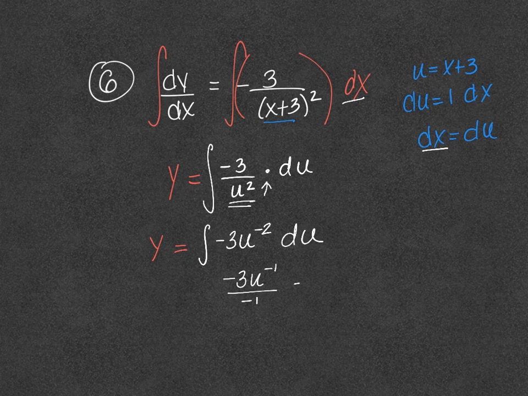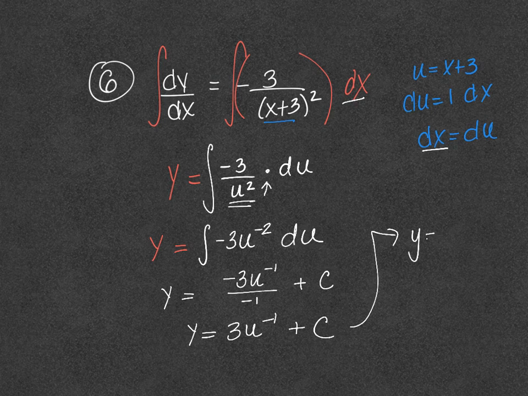Divide by that number, and then plus c. To simplify a little bit, we can put y equals 3 u to the negative 1 plus c. And then just substitute the u back in. So y equals 3 (x plus 3) to the negative 1 plus c.